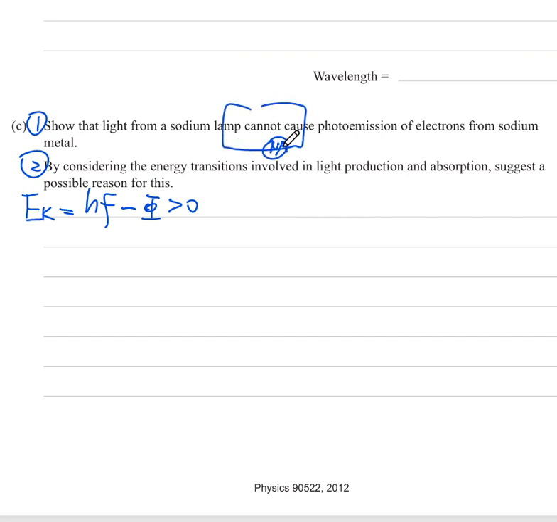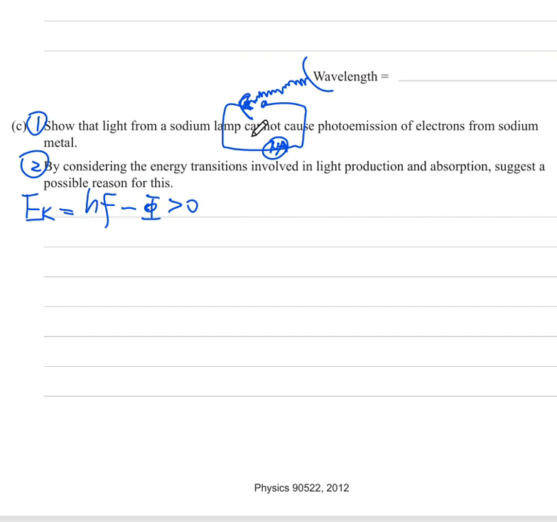Now this is an ammeter, and this is a sodium lamp. It shines a photon on this emitter plate, and to cause electron flow, so that this is a closed circuit, there is current to flow.